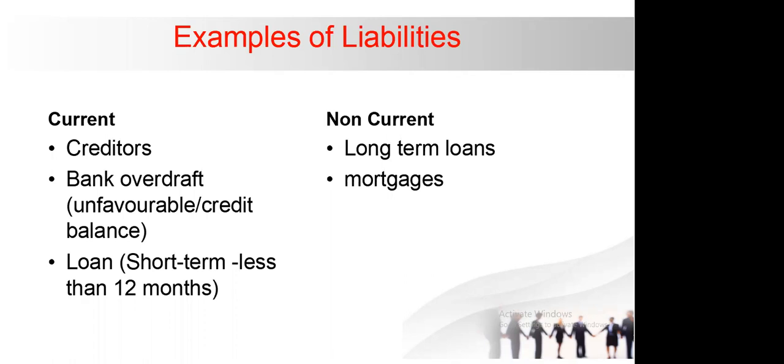And then there are certain types of loans that are required to be paid within the period of 12 months. Suppose we just borrow 5,000 rand and we know that we can pay that back within a period of 12 months. That would fall under current liability. And then under non-current liabilities, we will find long-term loans.